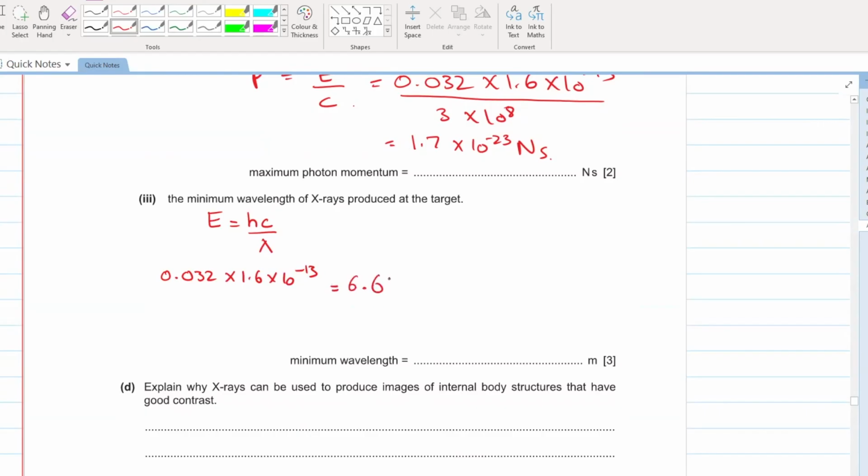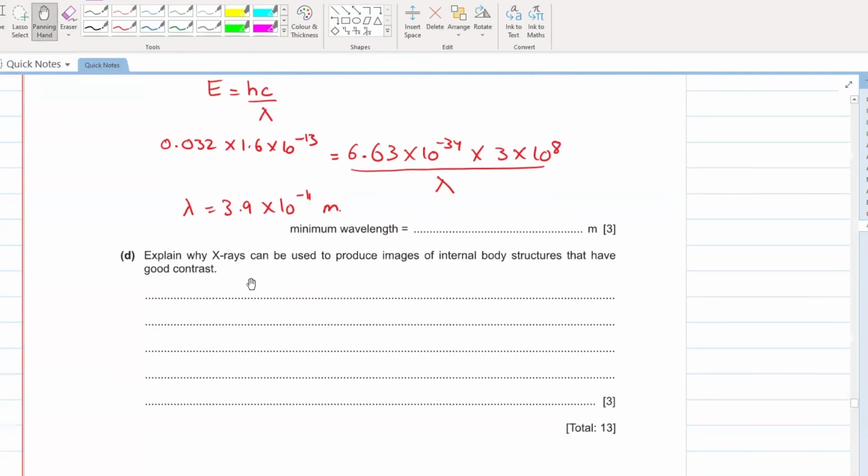Planck constant, 6.63 into 10 raised to the power of minus 34. What is the speed of light, c? 3 into 10 raised to the power of 8. Can you calculate lambda? Very easy to calculate. Lambda comes out to be 3.9 into 10 raised to the power of minus 11 meters. Nothing complicated here.